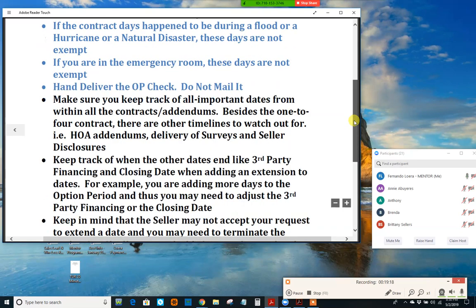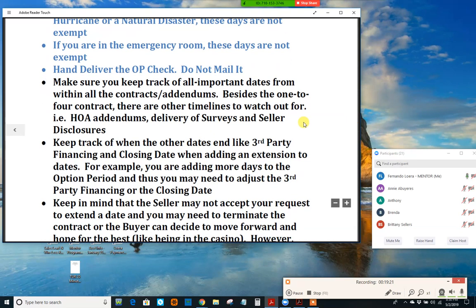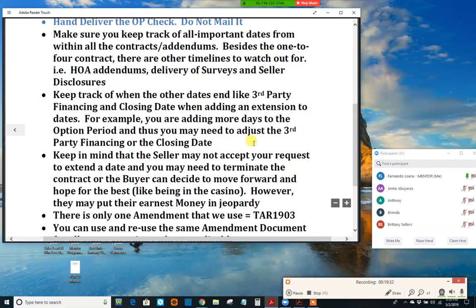Make sure you keep track of all important dates from within all the contract addendums. Besides the 1014 contract, there are other timelines to watch out for. There are the HOAs and delivery of the surveys. There are seller's disclosures. Keep track of when the other dates end, like the third-party financing and closing date. Like when I gave you that example about adding 5 more days to the option period, you also have to keep in mind, will that push the other days as well?